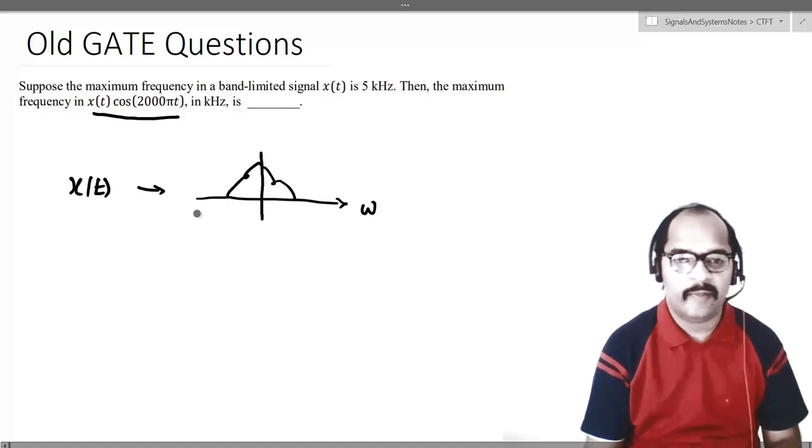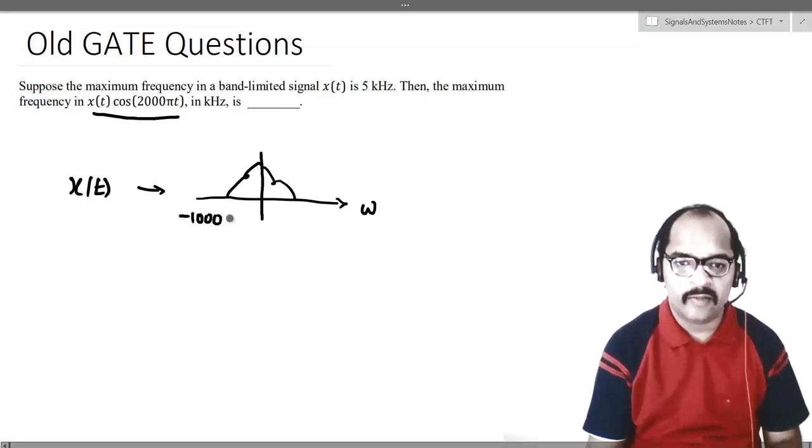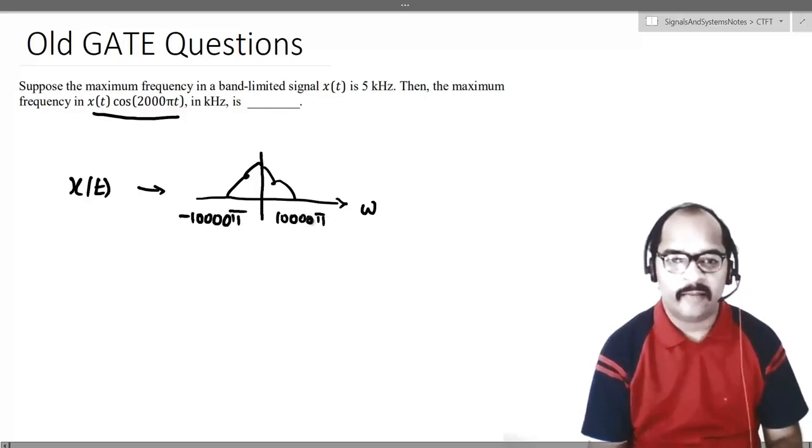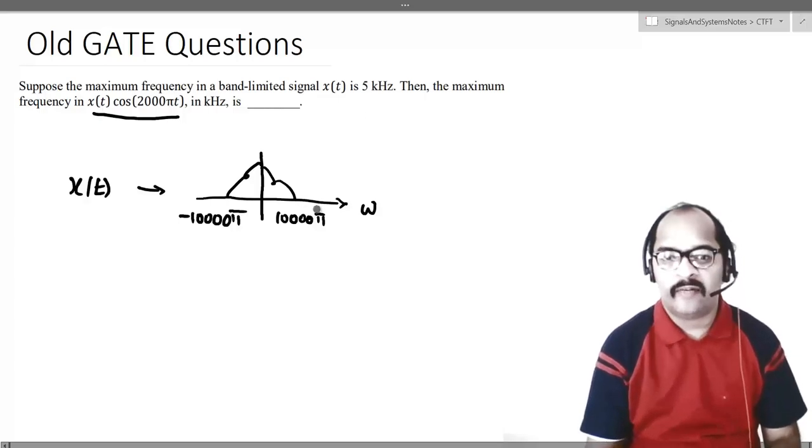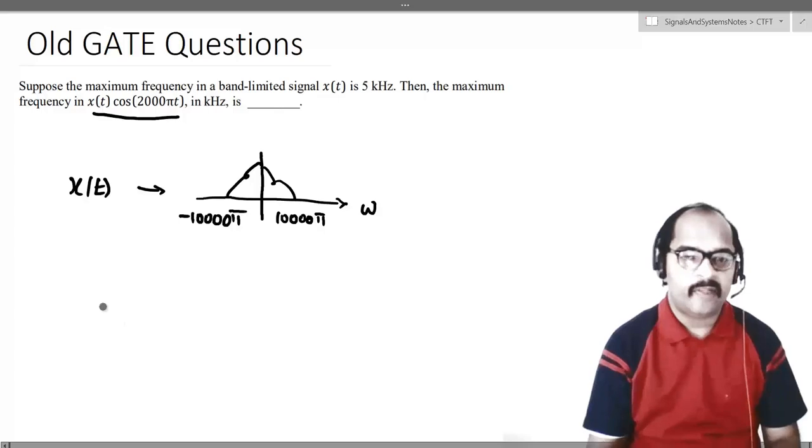Hence this limit should be minus 2 pi into 5 kilohertz, which equals minus 10,000 pi, and this one should be 10,000 pi. The highest frequency is 5 kilohertz in hertz, so converting into the omega domain, that would be 10,000 pi.